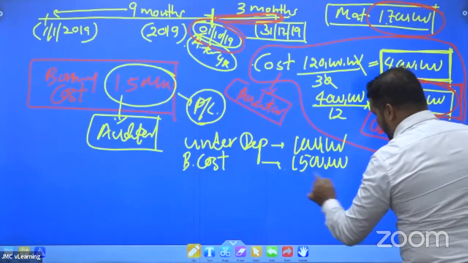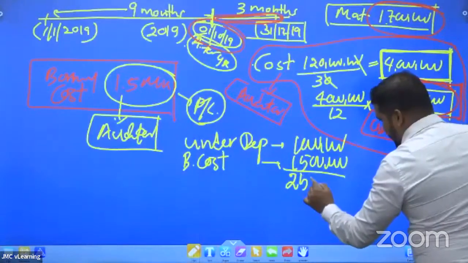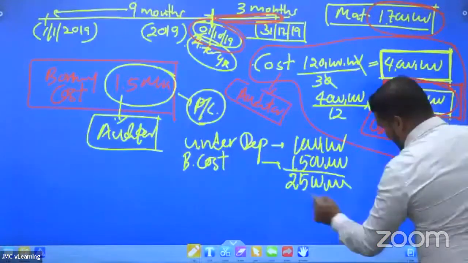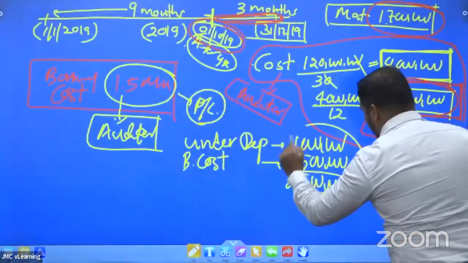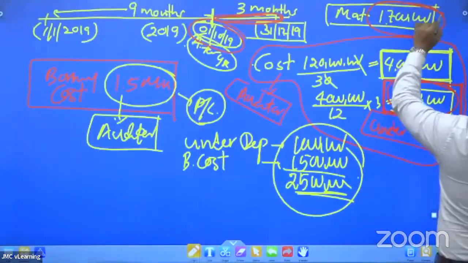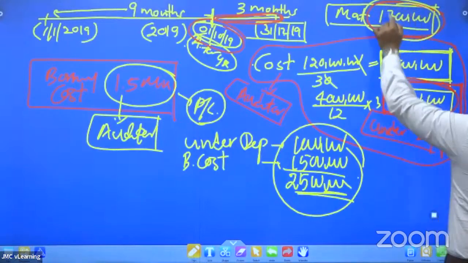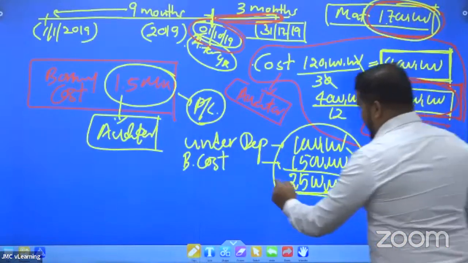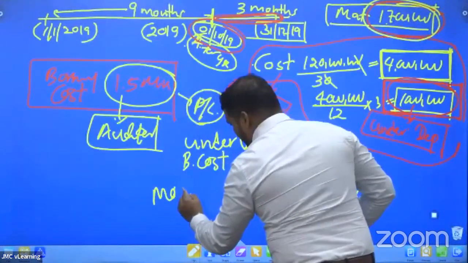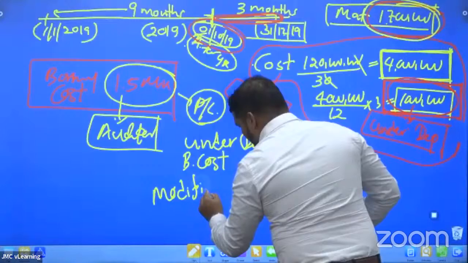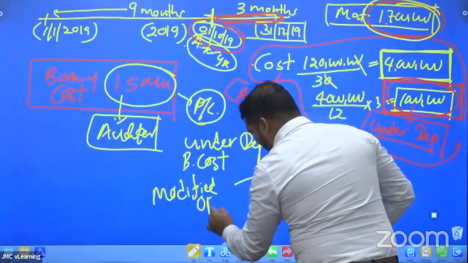So the total magnitude of those two errors would be 2.5 million. This 2.5 million exceeds the initially decided materiality threshold. So in that context, you need to go for a modified opinion.